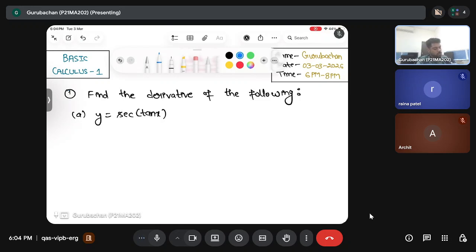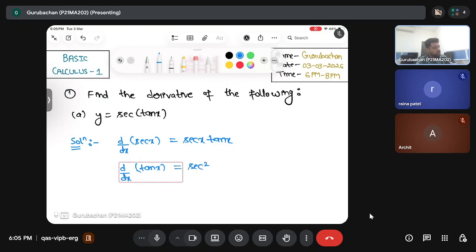To do this, it is well known that the derivative of secant x is secant x tan x, and the derivative of tan x is secant square x.